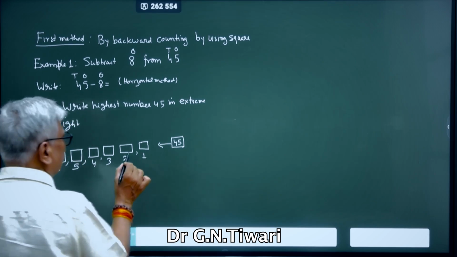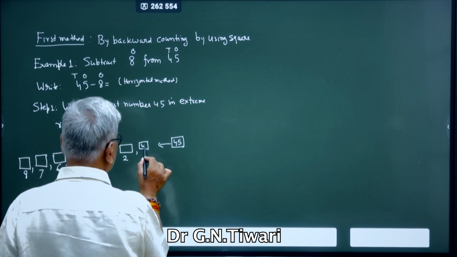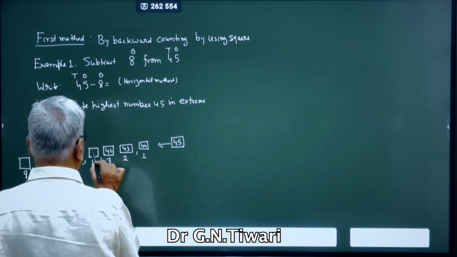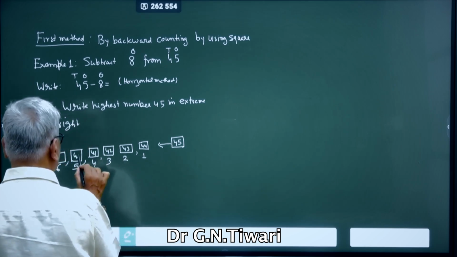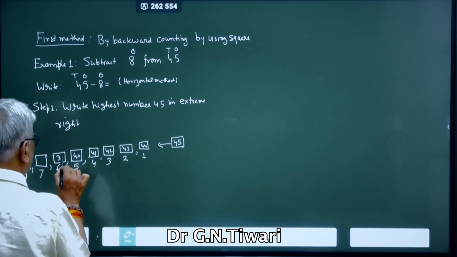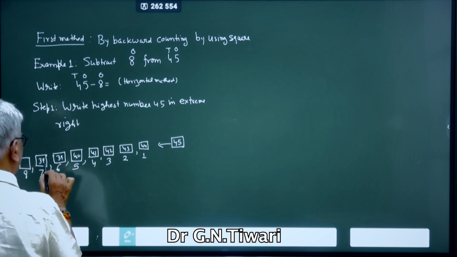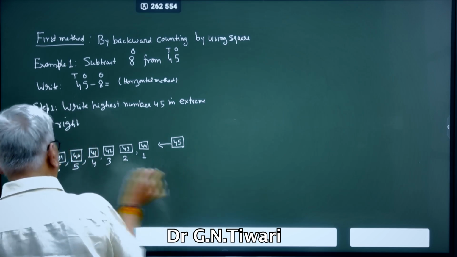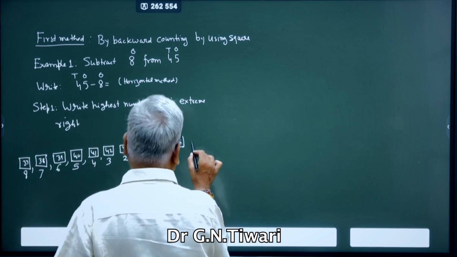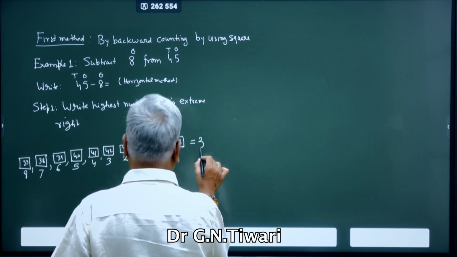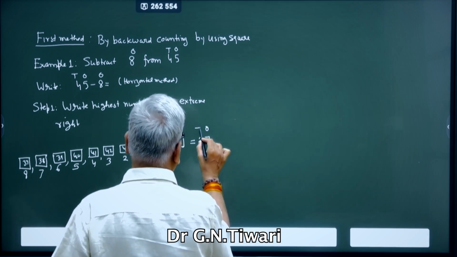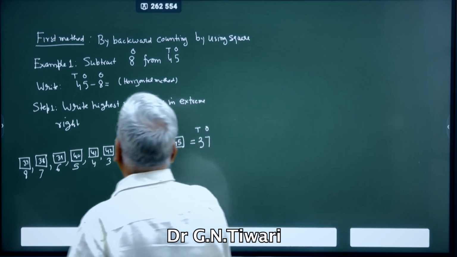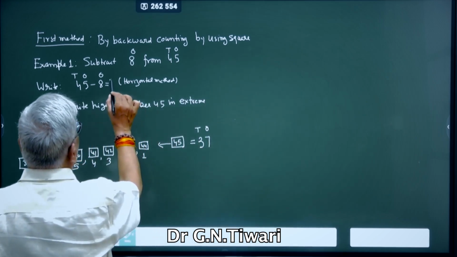So before 45 is 44, 43, 42, 41, 40, 39, 38, 37. So ultimately, when you do like this, you can write it is equal to 37, O and T. So it is very easy to write 37 here.